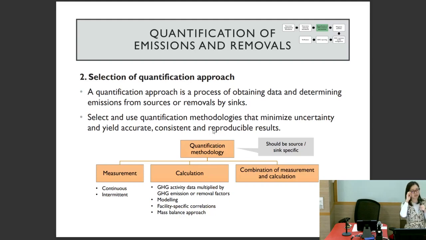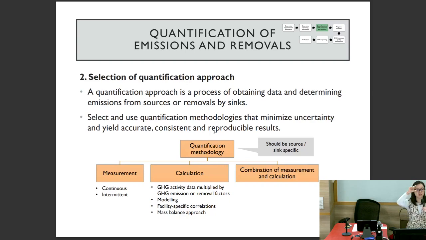So for example, let's say you have a diesel generator. When you use the generator, when you burn the diesel oil, greenhouse gases will be produced, right? So you may have different approaches to quantify the amount of carbon dioxide emitted. Maybe you can directly use some equipment to measure the amount of carbon dioxide emitted.